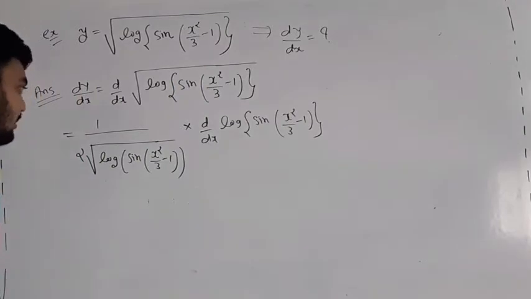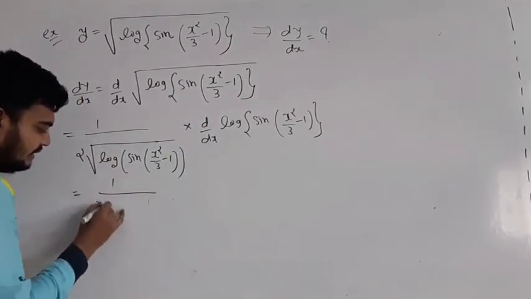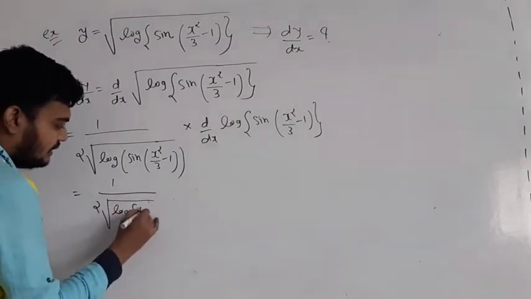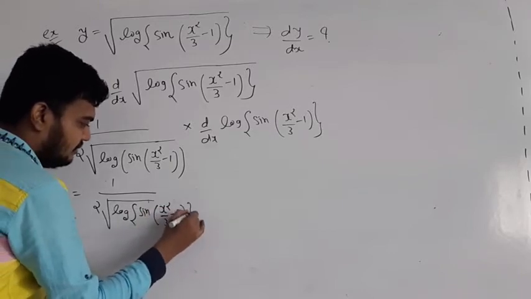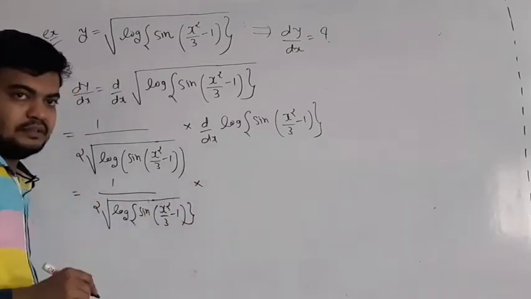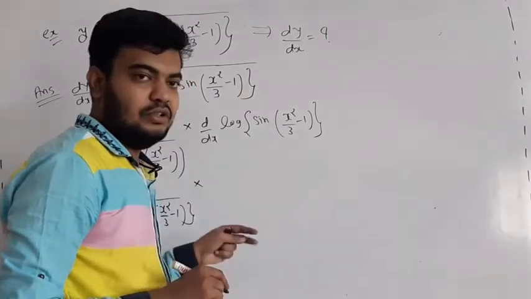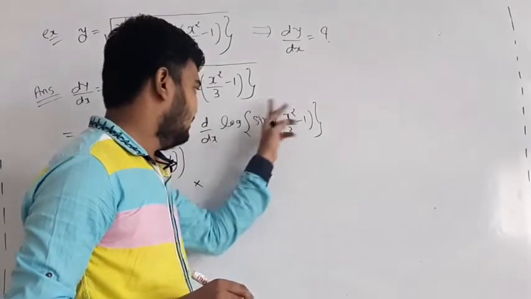Okay, now this whole thing is as it is, 1 by 2 root log of sine of x square by 3 minus 1 cross. Here now the outermost function is log. So we know that derivative of log is 1 by inner function.